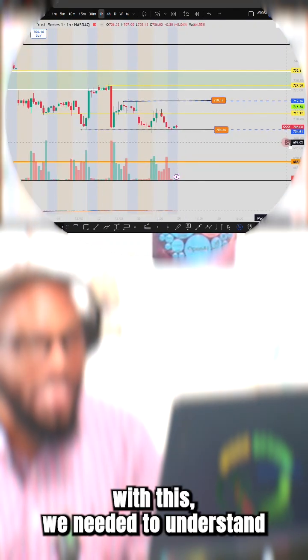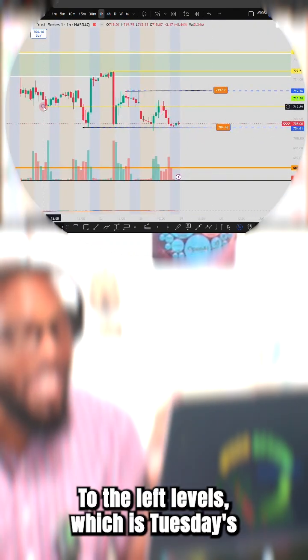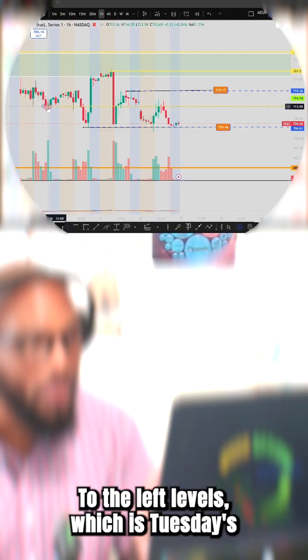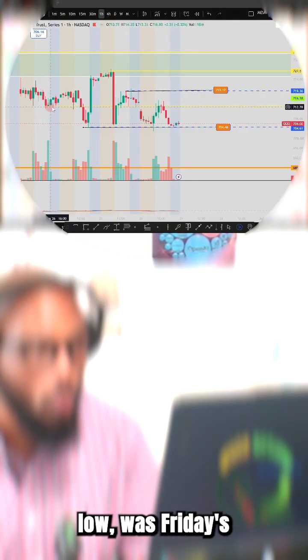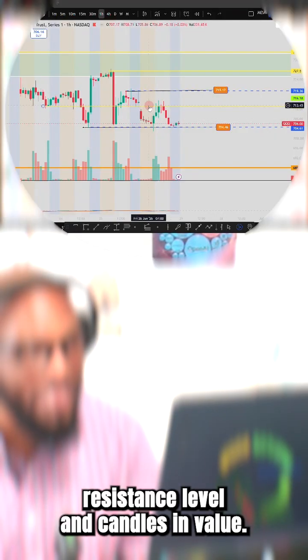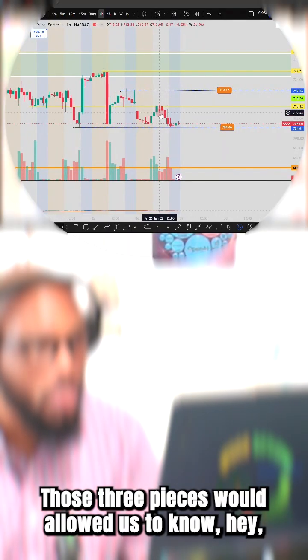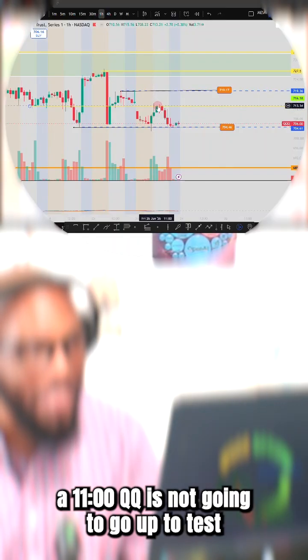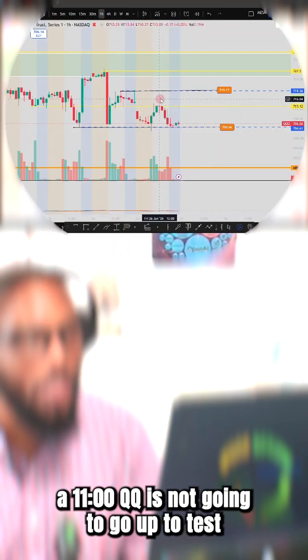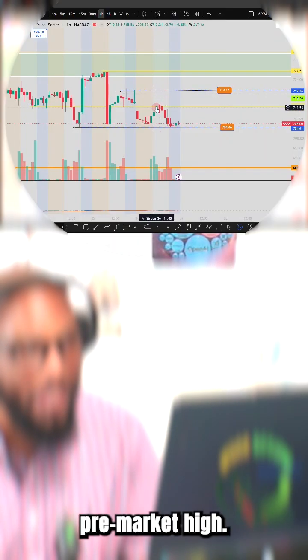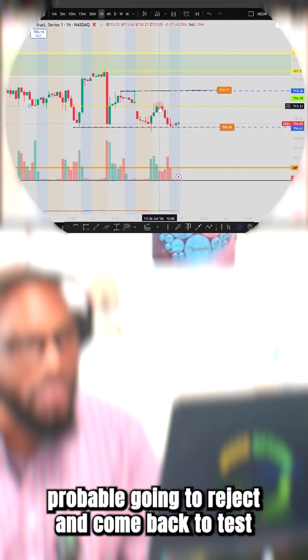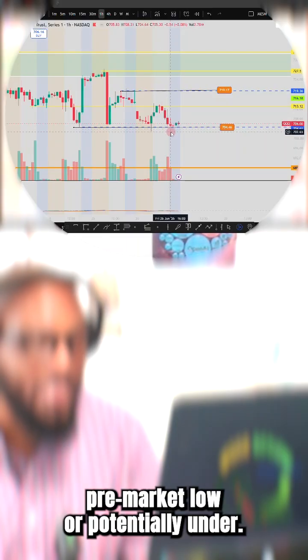With this, we needed to understand the levels to the left, which is Tuesday's low was Friday's resistance level, and candles and volume. Those three pieces would have allowed us to know, hey, at 11 o'clock, QQQ is not going to go up to test pre-market high. It is highly probable it's going to reject and come back to test pre-market low or potentially under.